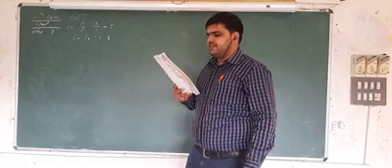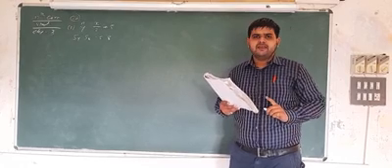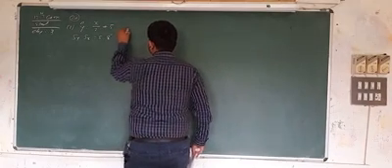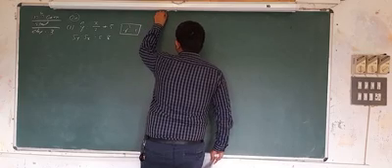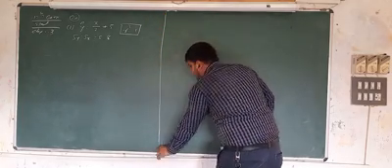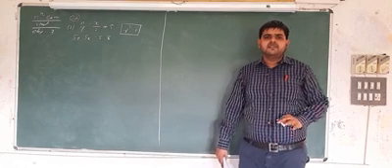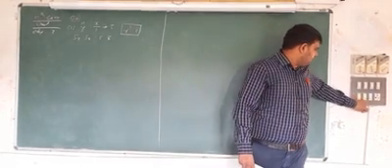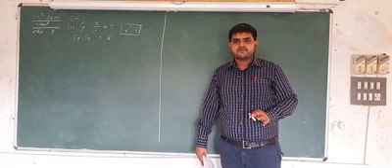Find the coefficient of determination. Coefficient of determination means that we have to find the value of r square. So to find r square, first of all, we have to find the value of r.